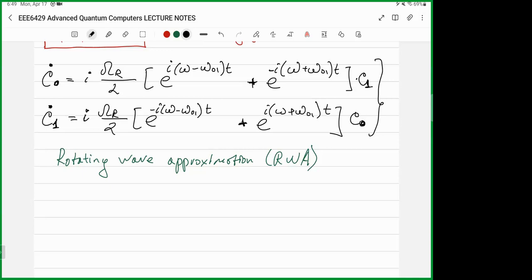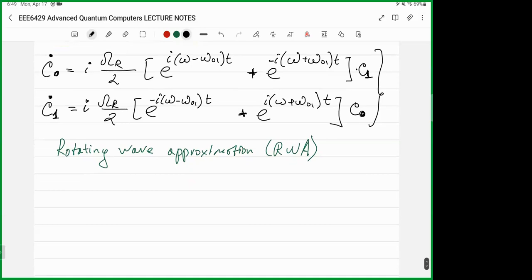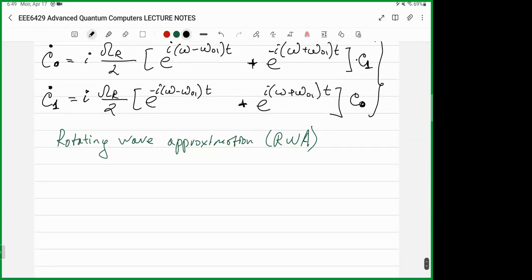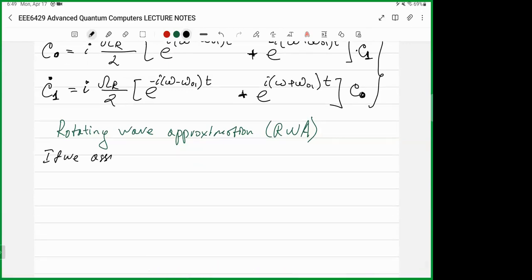But if we consider only the slow dynamics of these two solutions, which means if we assume that the excitation frequency is very close to the resonant transition frequency, right?